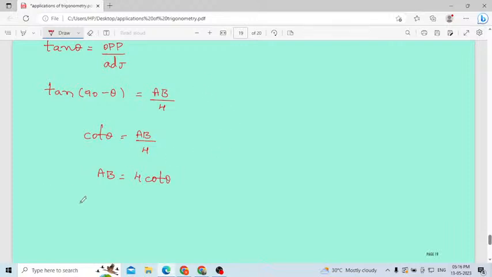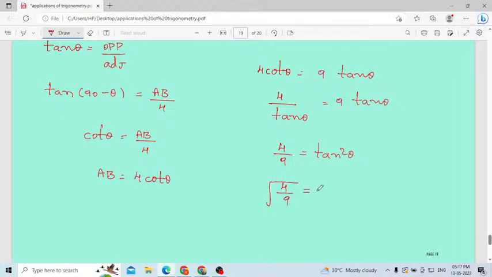Then you can equate the AB values. 4 cot theta is equal to 9 tan theta. We can write cot theta as 1 divided by tan theta, so 4 divided by tan theta is equal to 9 tan theta. Then 4 divided by 9 is equal to tan squared theta. Then the square root of 4 by 9 is tan theta.